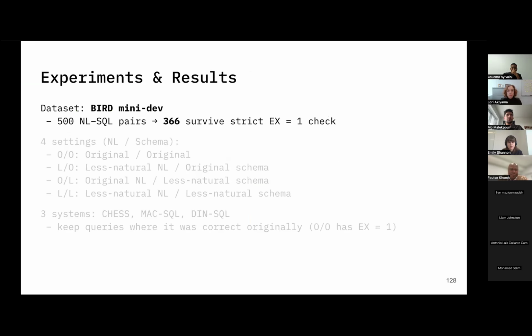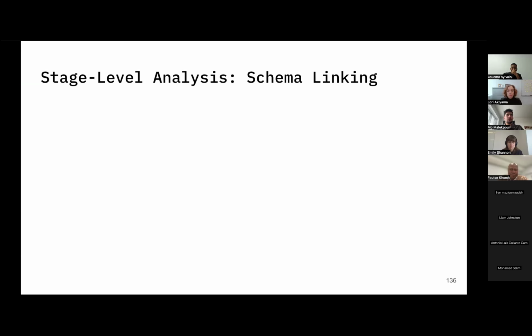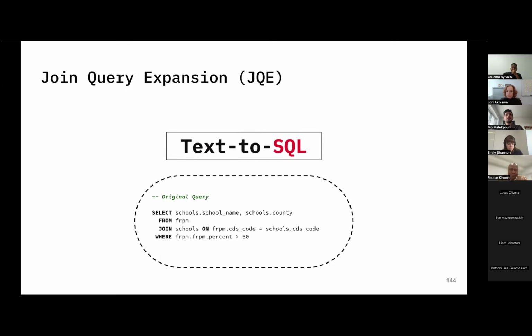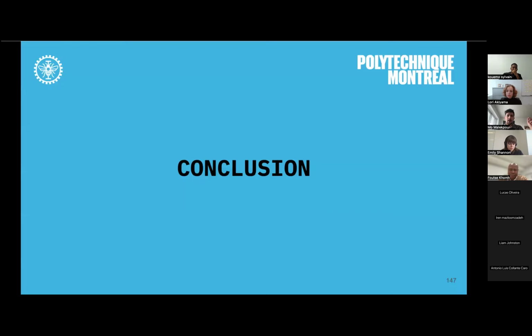And we also introduced another query mutation on the SQL side, which is called JQE. We basically think of the database schema as a graph. Tables are nodes and joinable columns are edges. So we try to add more nodes in between and make the query harder, and this leads systems to fail.